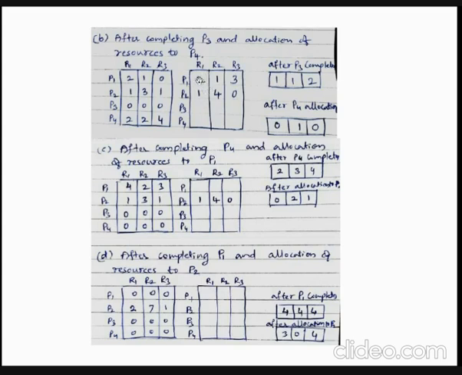Okay, so 2 minus 2 is 0. It means that the 2 available resources are allocated to P1. Then 3 minus 1, we get 2. It indicates that out of 3 resources of R2 type, 1 is allocated to P1. Next, similarly, 4 minus 3, we get 1.